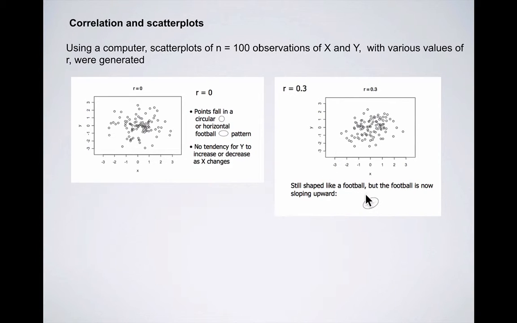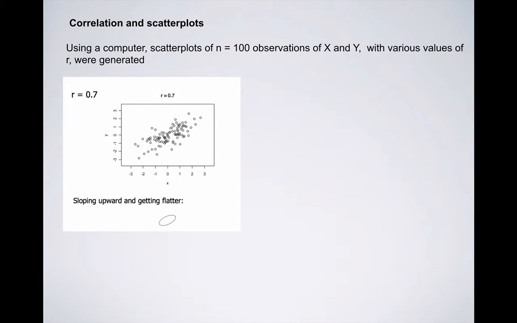It's more shaped like a football or a rugby ball, sloping upwards. Correlation coefficient of 0.7, now you start to see more of an upward trend here. As x increases, y tends to increase, but it's not perfect. But you'll notice that the slope is getting flatter for the points, so that it is a little bit flatter than for when the correlation coefficient was 0.3.